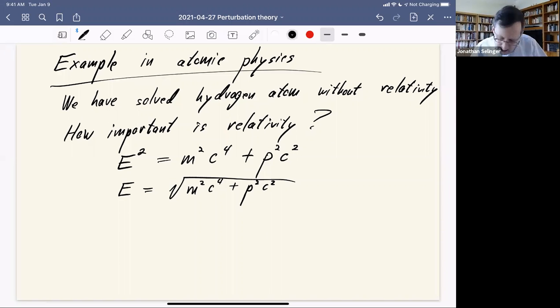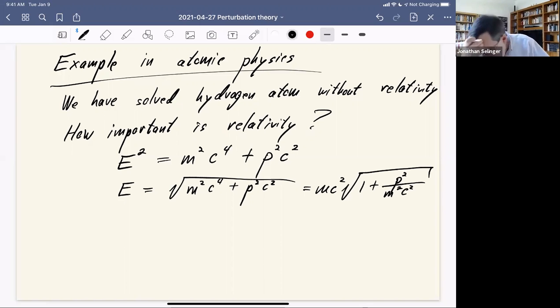And I will factor out the mc squared, times 1 plus p squared divided by m squared c squared, like that. Now let's do a Taylor series for this square root.